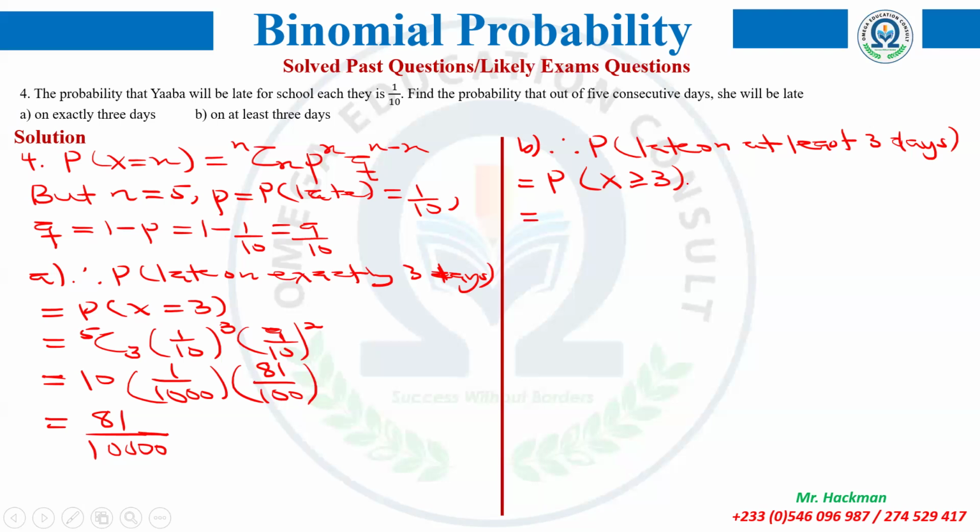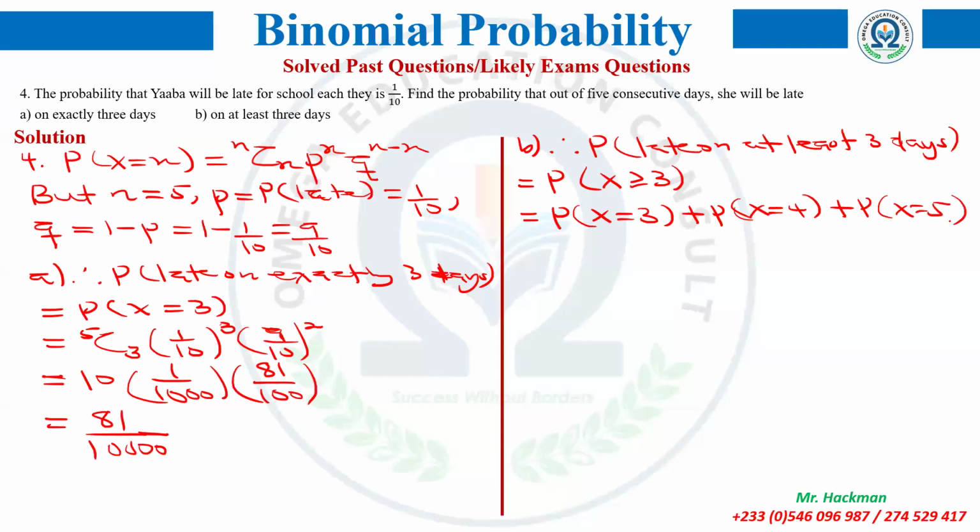The one that you subtract from 1 will not be the ideal way. So it was the normal direction that we have to go for. So in this case, this will be P(X = 3) plus P(X = 4), then plus P(X = 5). You can't go beyond 5.